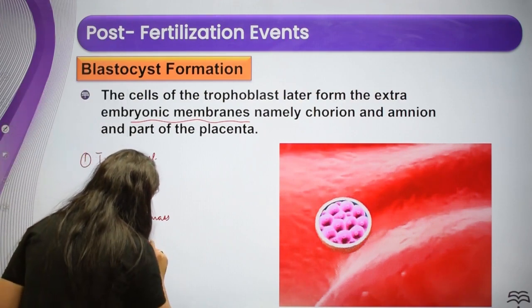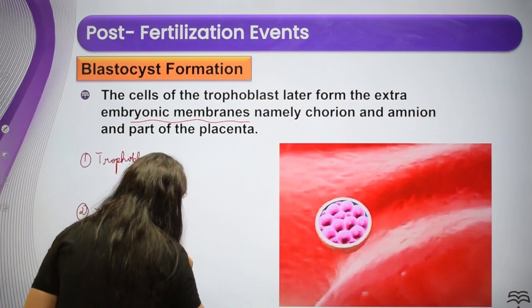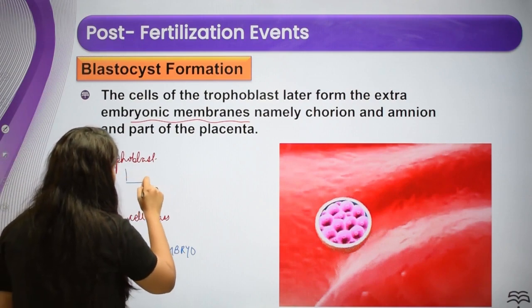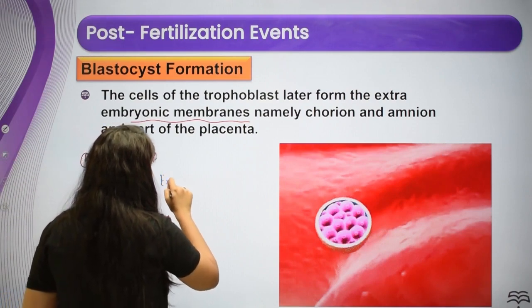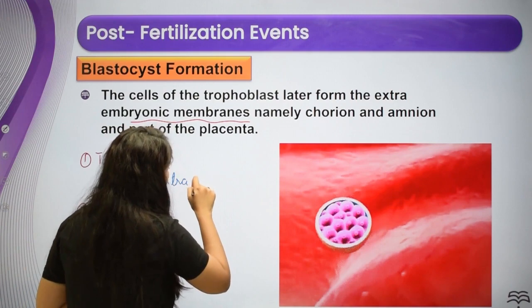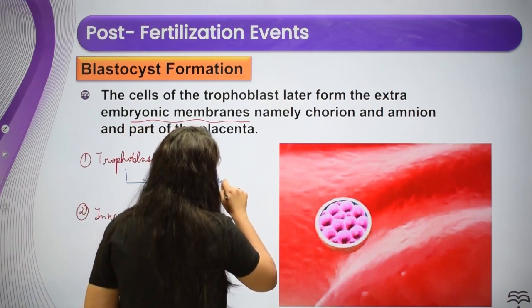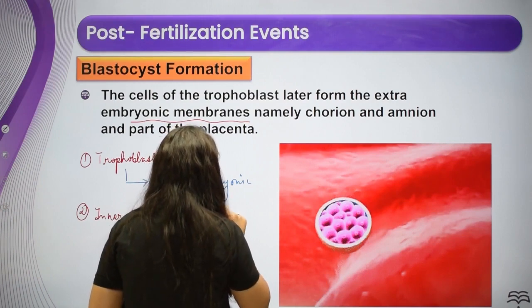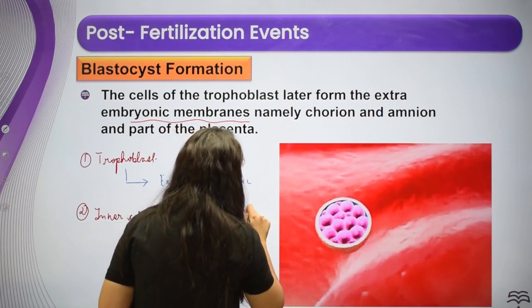It is going to give rise to the embryo, right? And trophoblast is going to help in the formation of the extra embryonic membranes. क्या बना रहा है? Extra embryonic membrane के formation में help करेगा.